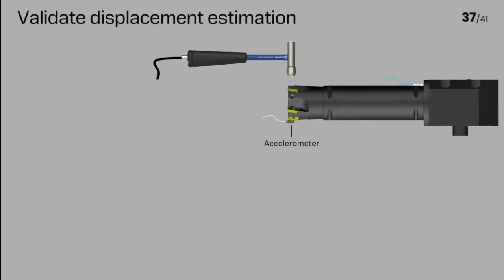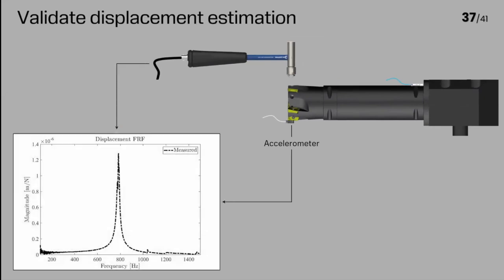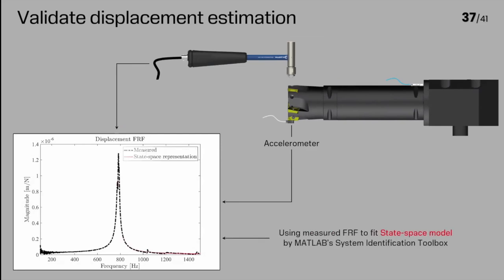So we have to use an alternative way to validate this estimation. In that way, we utilize the accelerometer data, generate the accelerance FRF and convert it to this displacement FRF, which will be used to fit a state space model in MATLAB. Once a good match is achieved like this, this model can be utilized to simulate the displacement response for any given input force.